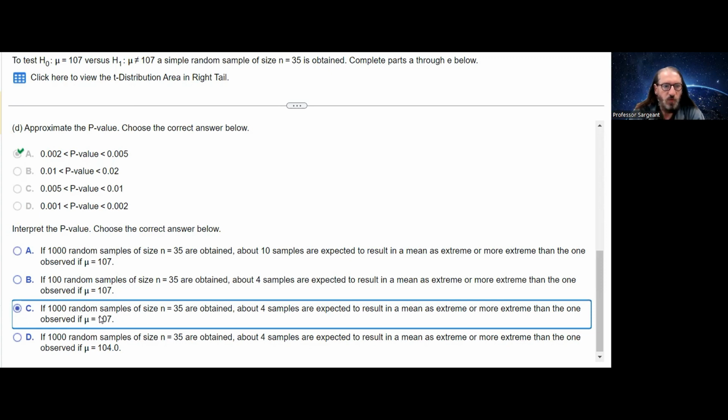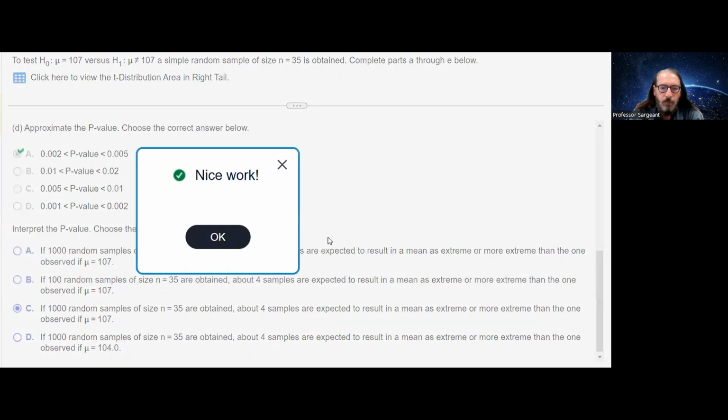We start off assuming innocent until proven guilty. So if mu really was 107, getting that X bar of 104 would happen with 3 or 4 samples, about 4 samples out of 1,000 such simple random samples of size n equals 35.